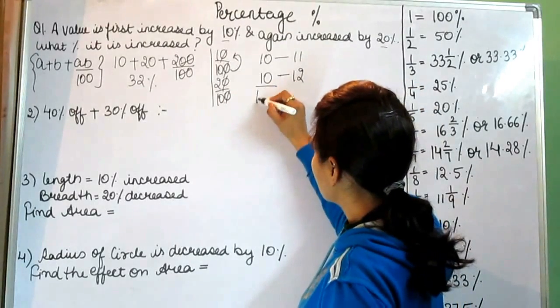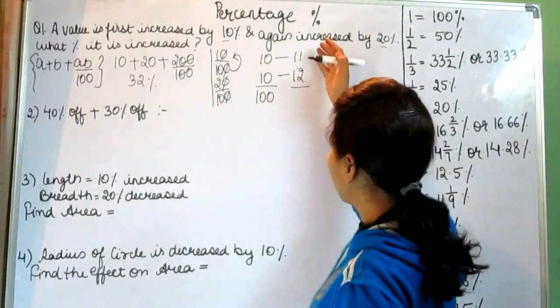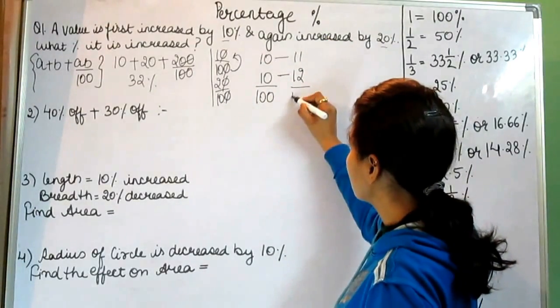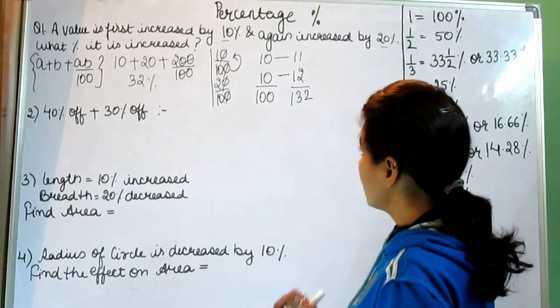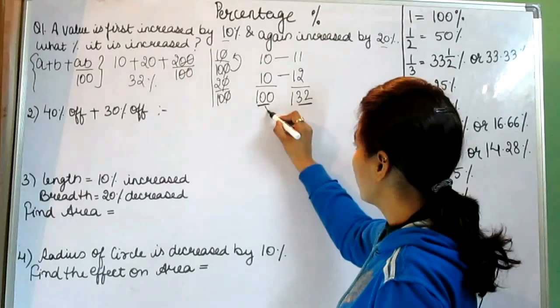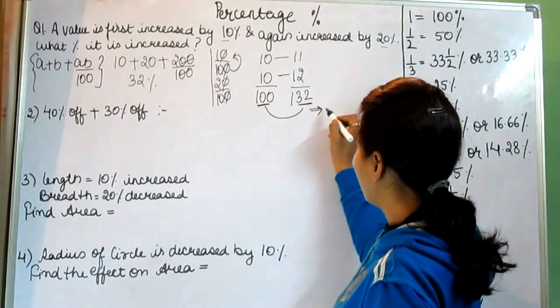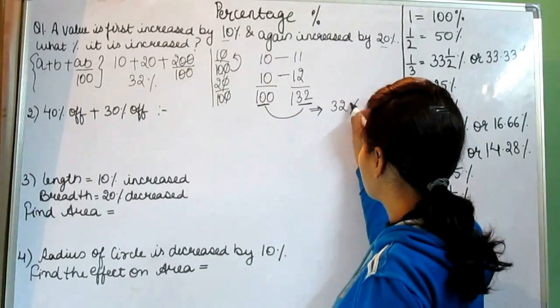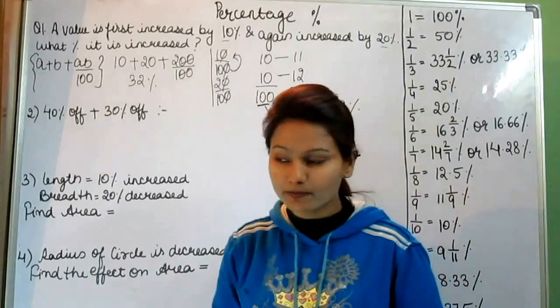So this is 100, and when I multiply these two numbers, I get 132. Earlier the value was 100, but now it becomes 132. What is the increment? The increment is 32%, and this is the answer.